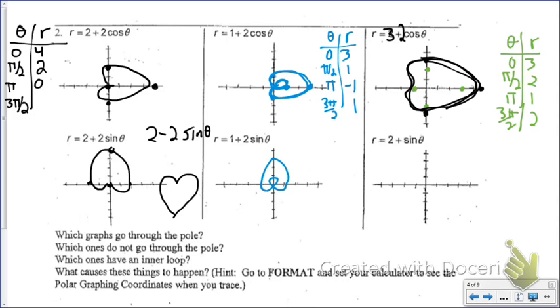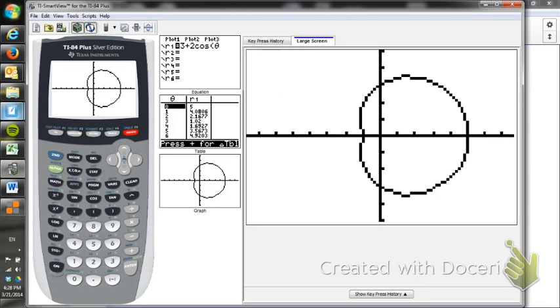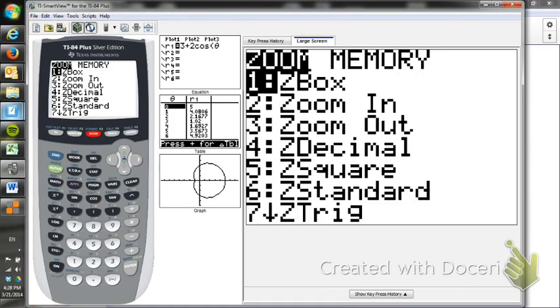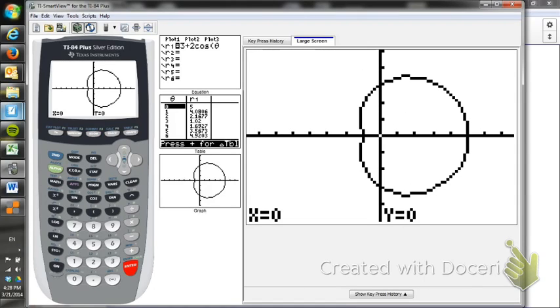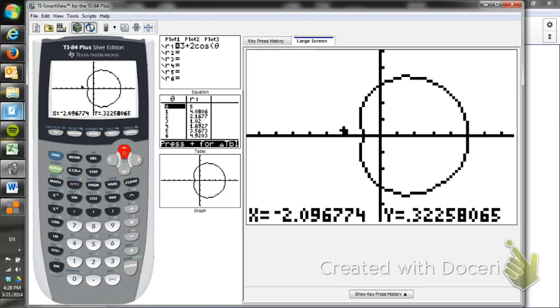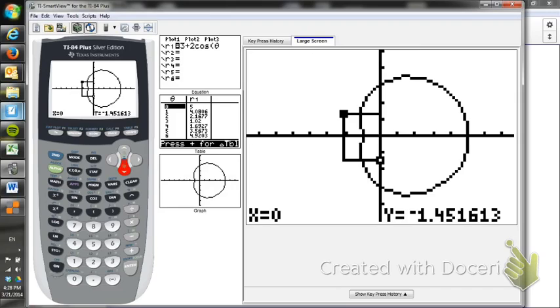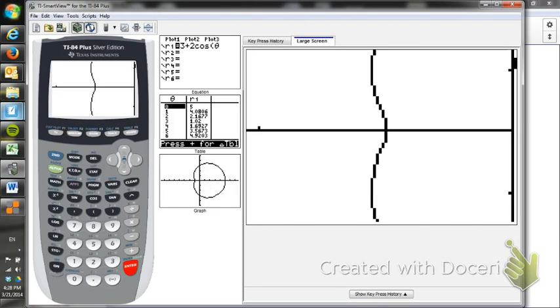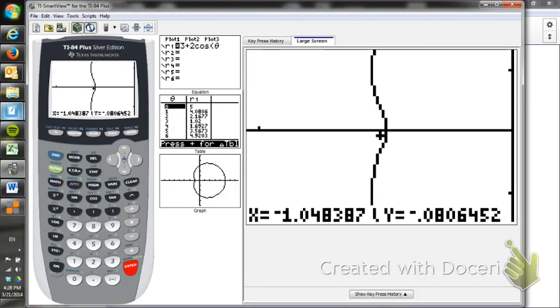Kind of hard to see, but let's look at the calculator picture. It's a little easier. I'm going to zoom over on that part for you guys to see. Hopefully this will make this a little easier. Okay, so you can see how that graph comes in just a little bit.